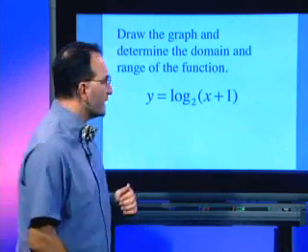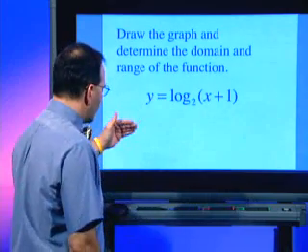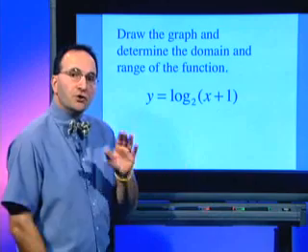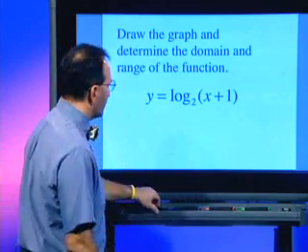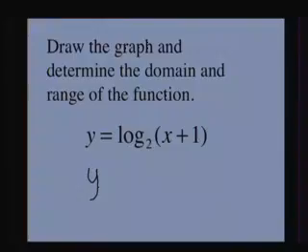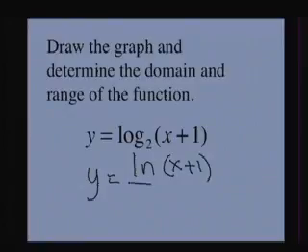The first thing that we're going to want to do is to take this equation and rewrite it using that base change formula. In other words, y is going to equal the natural log of x plus 1 over the natural log of 2.